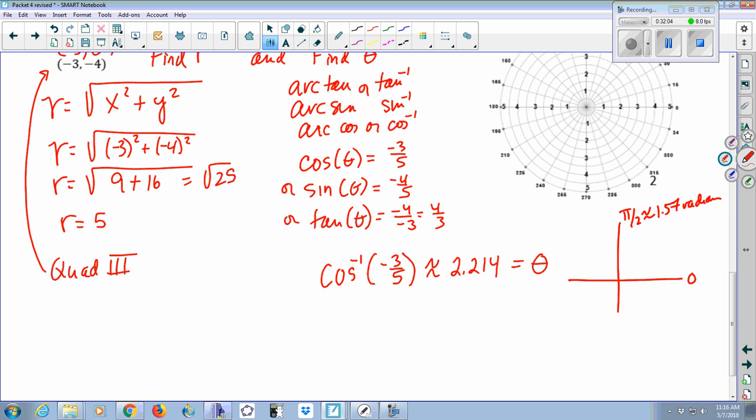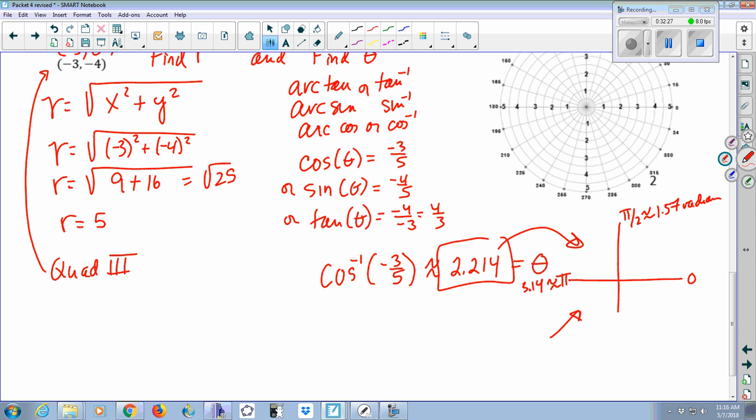So 2.214 is bigger than that. Here's pi, which is roughly 3.14 radians, and 2.214 is a number between 1.5 and 3.14. So this is located in there. Where's our point? Our point is located there. This is the reference angle.